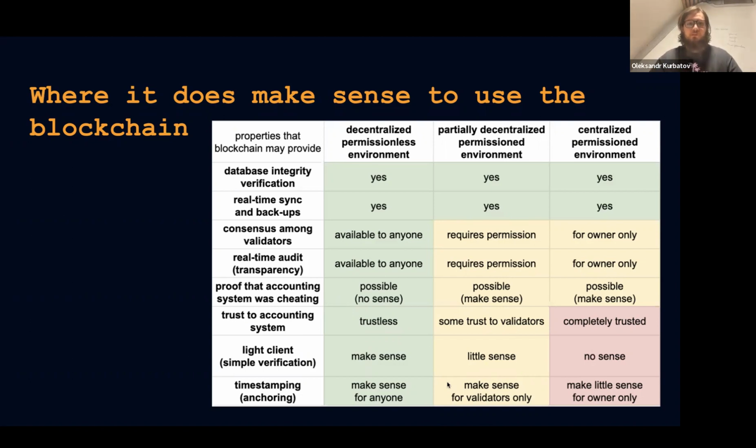So you can use a centralized permissioned environment that uses blockchain technology for timestamping some events, some data, for anchoring some data, if this accounting system can provide a high level of irreversibility, the property that guarantees that after some time, after the block is formed, this block and this transaction will not be reverted.